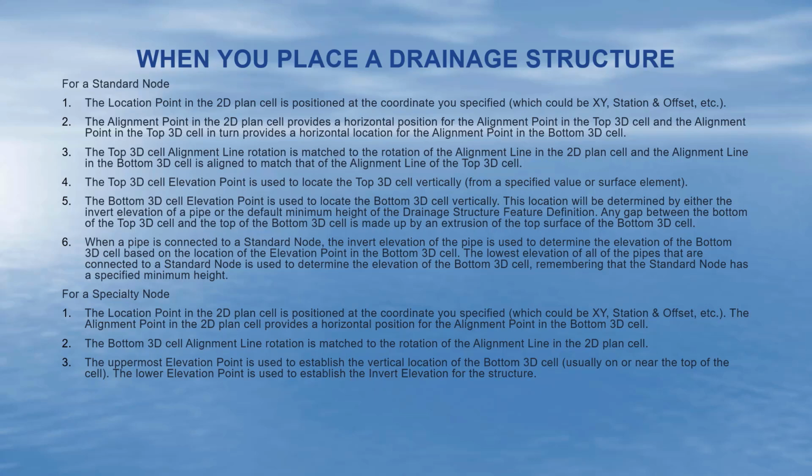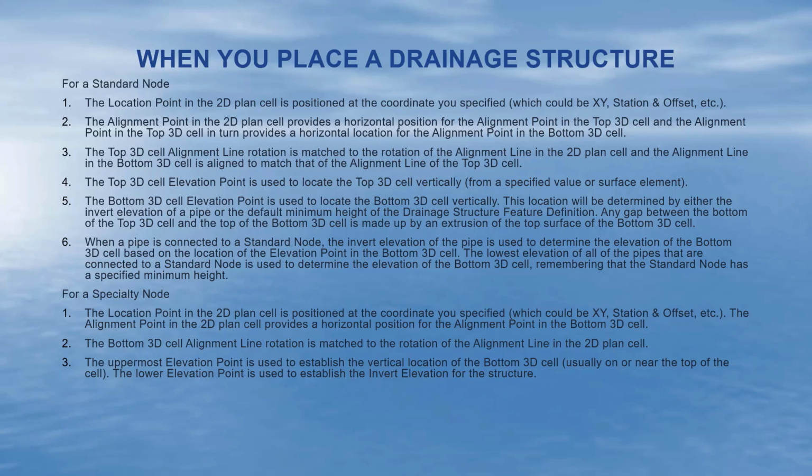Any gap that occurs between the bottom of the top 3D cell and the top of the bottom 3D cell is made up by an extrusion of the top surface of the bottom 3D cell.